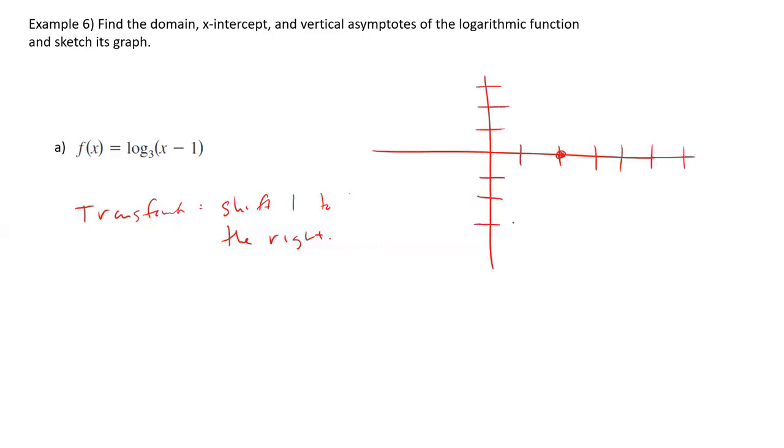Base 3. That means the previous point would have been at 3, 1. So now it's 4, 1. So 1, 2, 3, 4, 4, 1. The previous graph would have been at 1/3, -1, right?